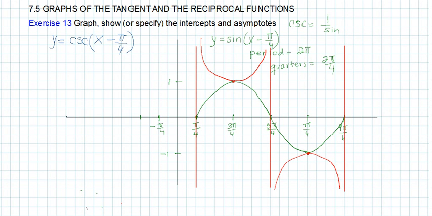And that would be negative 3 pi over 4. So now your next vertex would be right here, and just extend the sine wave.